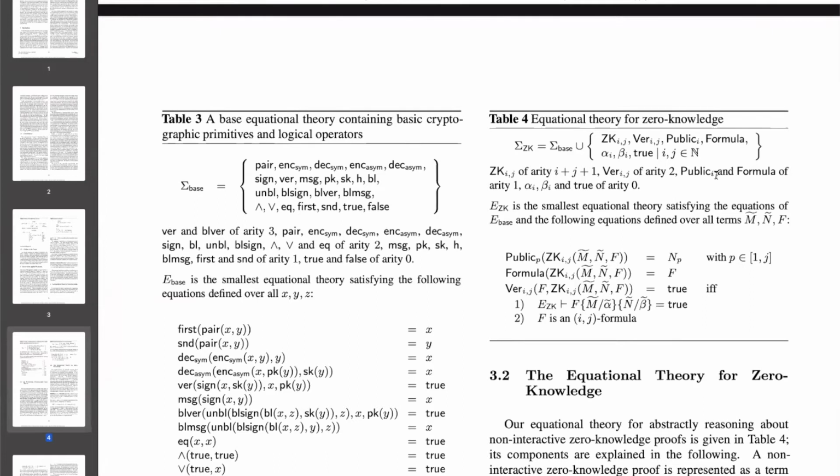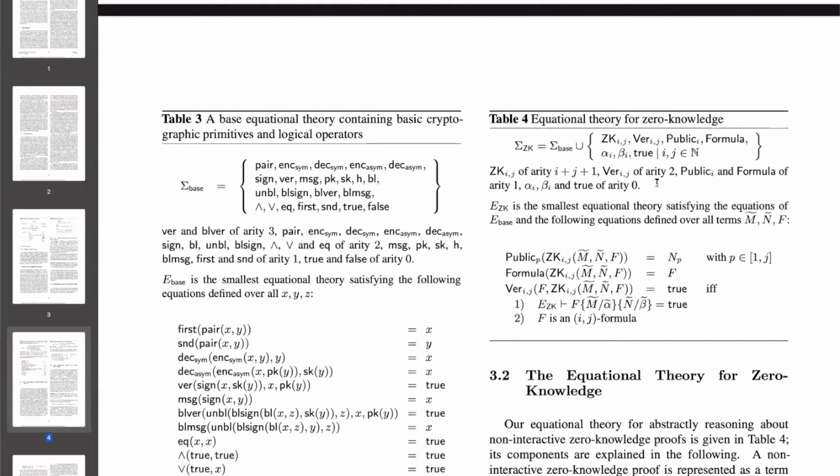So it's a formula that is representing some zero knowledge property. Sorry, formulas are of arity 1. My mistake. Alpha i and beta i and true are of arity 0.